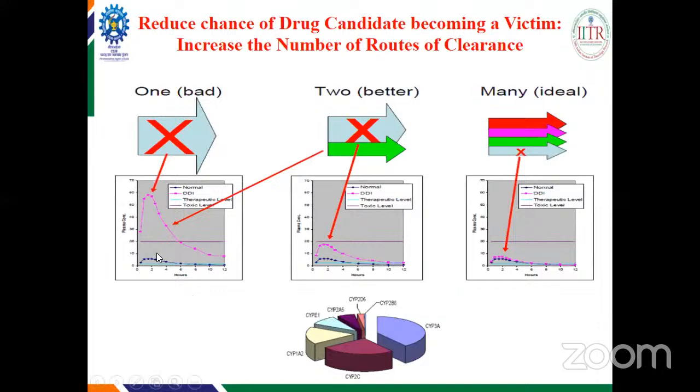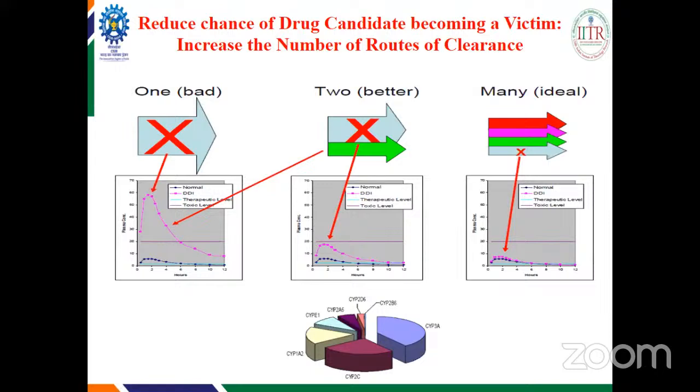Because there was only one pathway for elimination of that molecule, and that also got inhibited by another drug molecule, its concentration will increase significantly in the blood, and it could lead to toxicity. So I do not want a molecule which is metabolized by a single enzyme. I would prefer a compound which is metabolized by two or many enzymes, so that even if one enzyme is inhibited by another drug, other enzymes are available to take care of the metabolism of that compound.